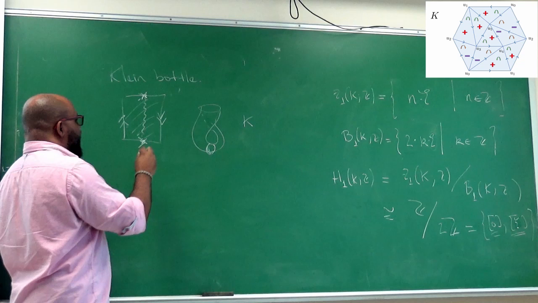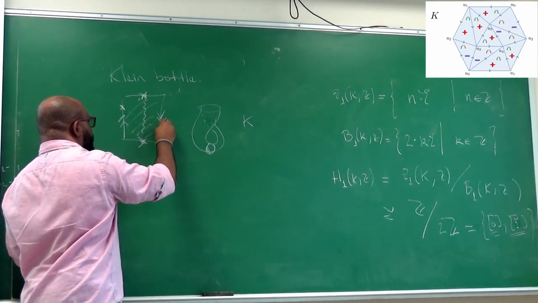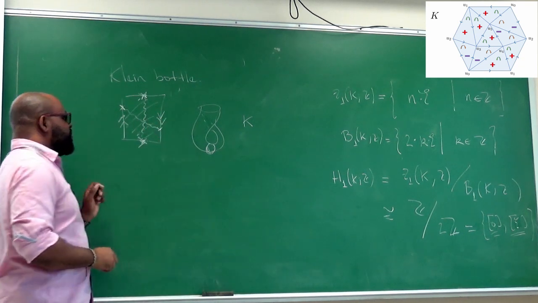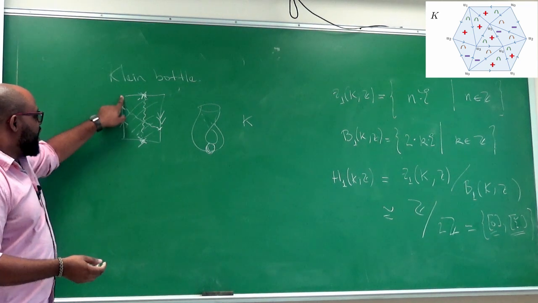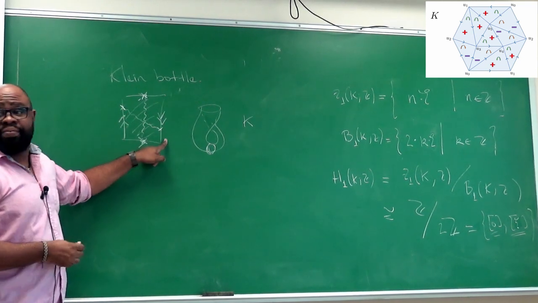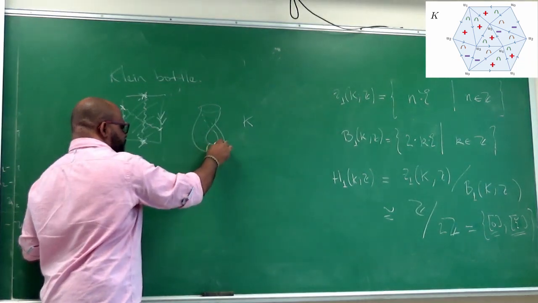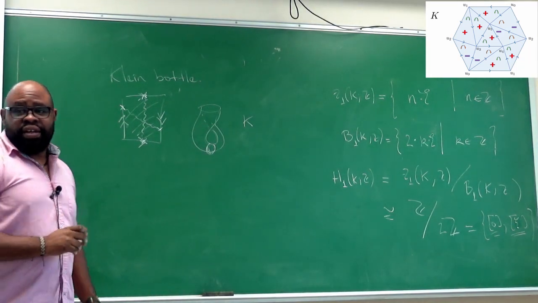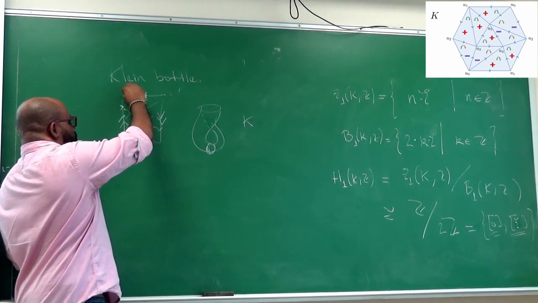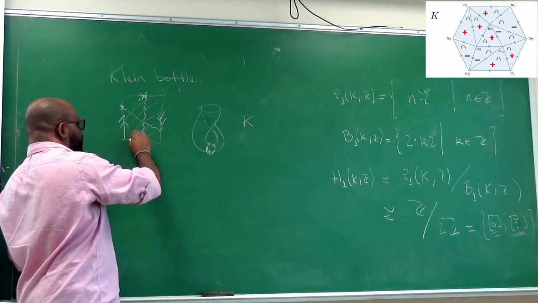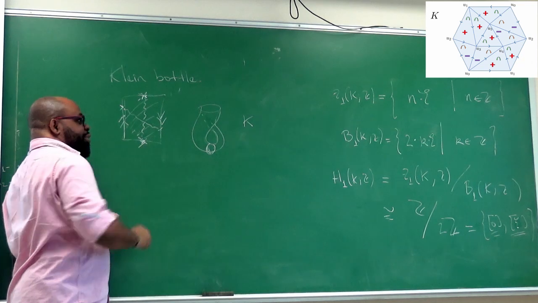And then when you look at this guy, there is another cycle, right? Because you're identifying this side with that side. So that's like the cycle that goes around this way. Here's what happens to this cycle. When you go around it twice, you fill in the cycle.